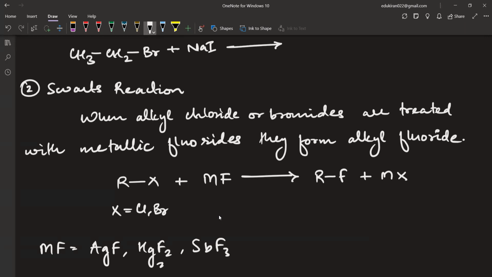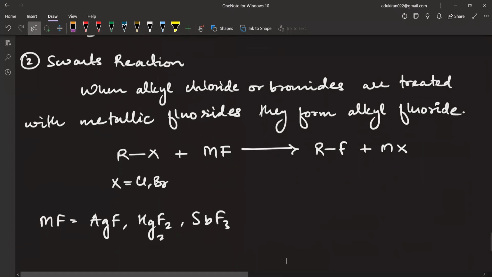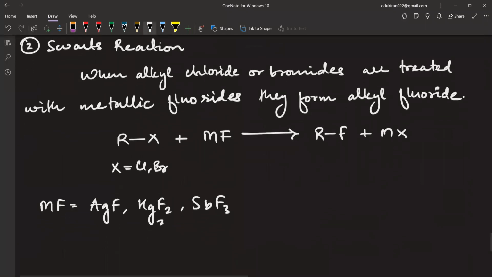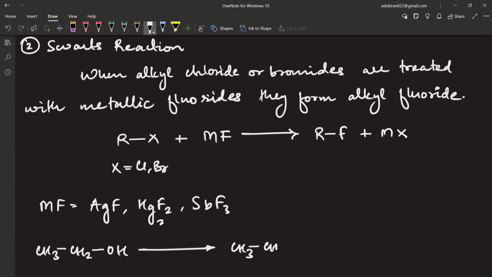So whenever you see anything that is having alkyl halide plus a fluorinating agent, then you will be forming alkyl fluorides. Okay, write this down. Also write an example. Let us say you have CH3CH2OH, and you have to form CH3CH2F.